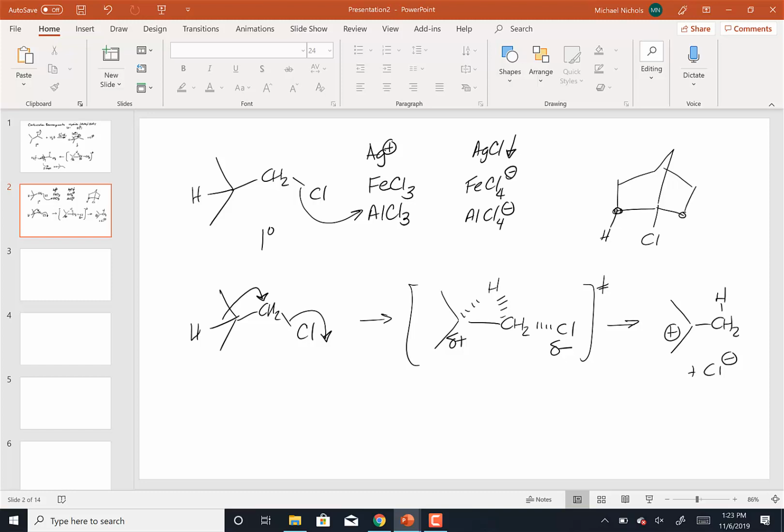So primary system, shift, lose the leaving group. So that's how we handle primaries, and that's how we handle secondary systems. Okay. All right. Is everybody kind of with me so far?